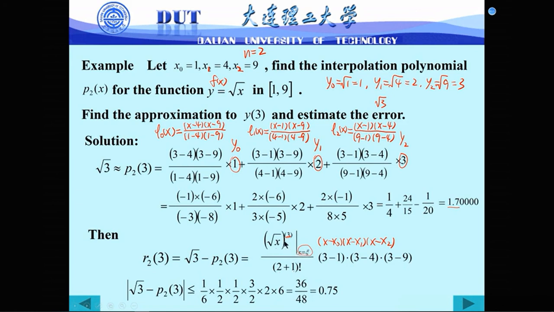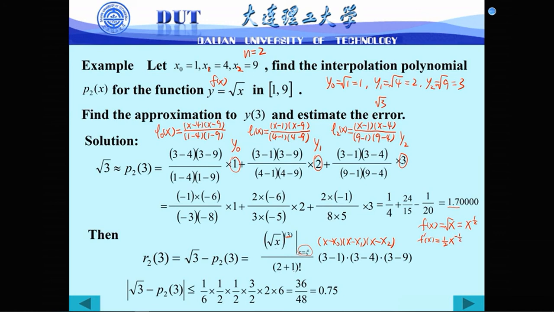actually, let's consider because f(x) is square root x, that means x to the power 1/2, right? Okay, so the first derivative should be 1/2 multiply x to the 1/2 minus 1. It's okay? So it is negative 1/2.